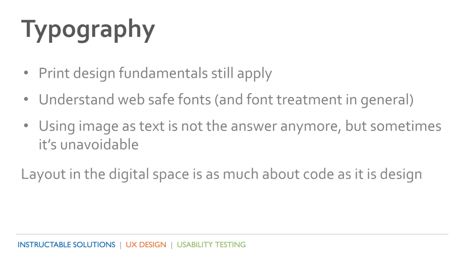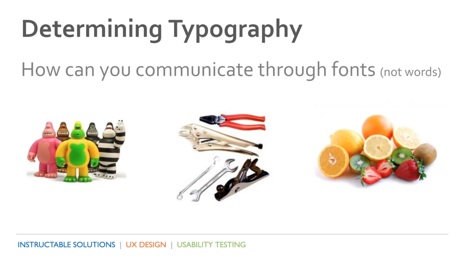As much as there are those exceptions, layout in the digital space is as much about code as it is design. And if you use a great screen design software tool, you should avoid creating something that can't be reproduced in code. When we determine typography, we need to think about brand elements like color, contrast, and uniformity as well. How do you communicate through fonts?